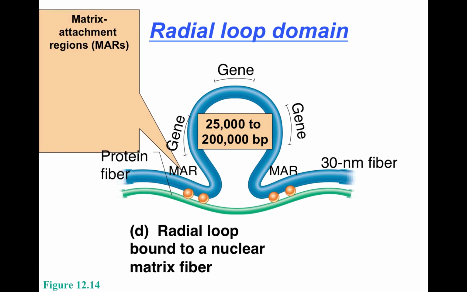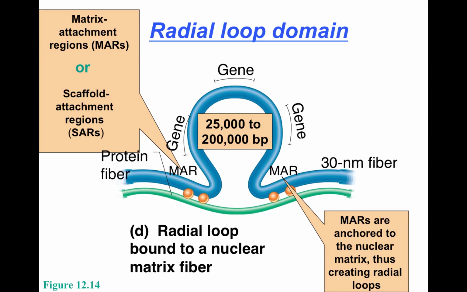The matrix attachment regions are specific regions of the DNA that bind to proteins that attach to the matrix. They're also called scaffold attachment regions. The MARs, the matrix attachment regions, are anchored to the nuclear matrix, thus creating these radial loops. And notice that the active genes are almost always contained within these loops, not in the parts of the DNA that are attached to the matrix.